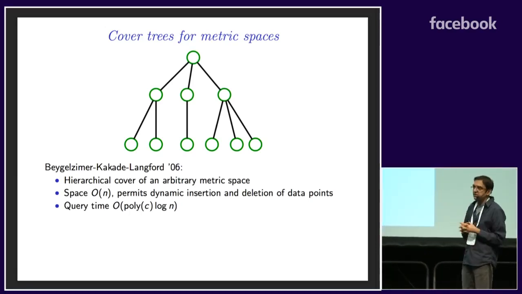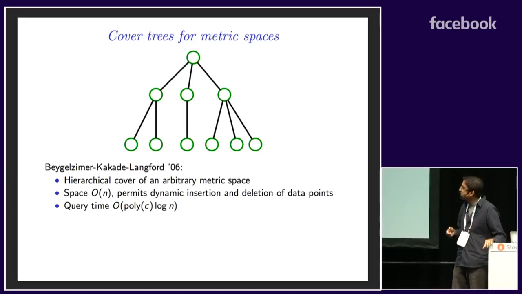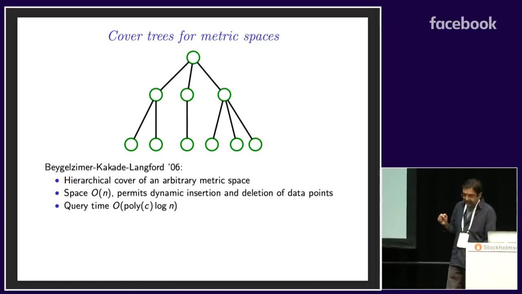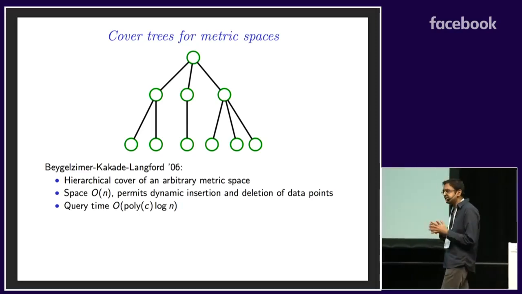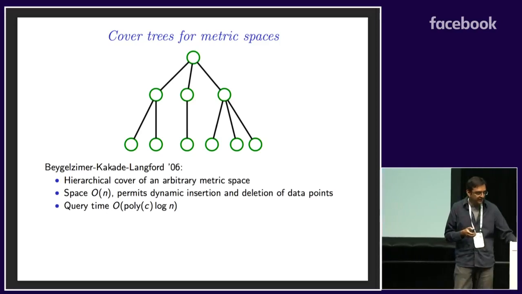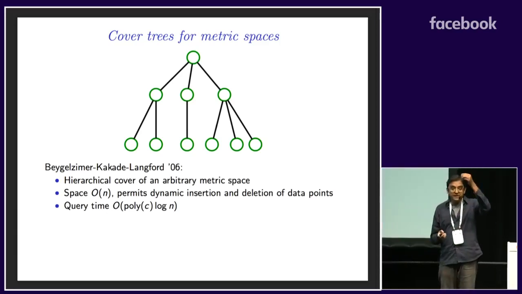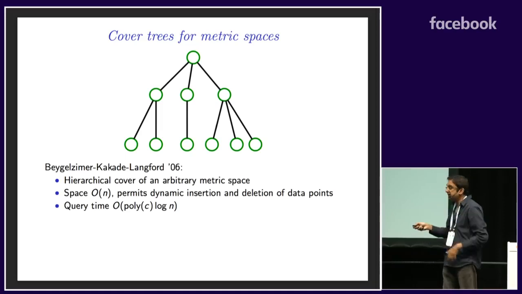And one nice data structure of this type was developed by Alina Beygelzimer, Sham Kakade, and John Langford. It's called the cover tree. This is something that works in a general metric space. So I'll just say briefly what it is. It's a tree, and each node of the tree is associated with a data point.